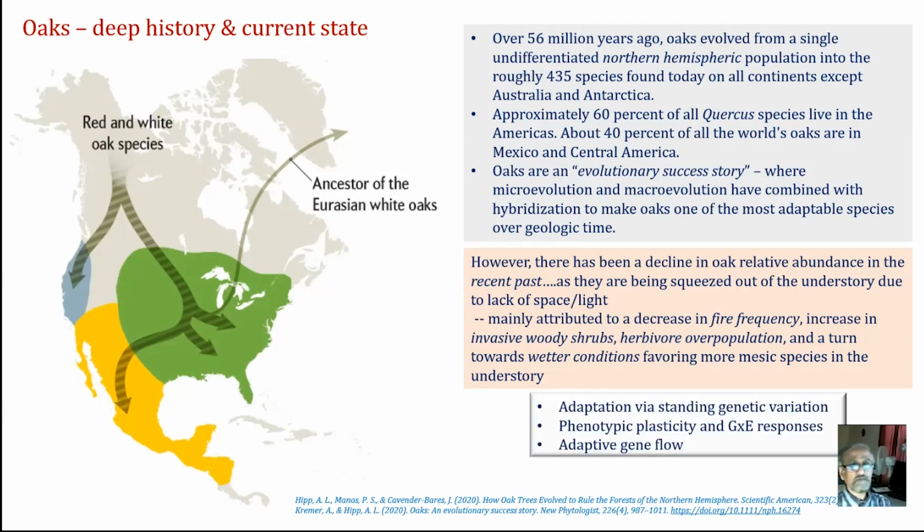Oaks have acquired, as we know, various ecological traits and life history characteristics over the eons, and may have many tricks up their sleeve, like adaptation via standing genetic variation, phenotypic plasticity, and the gene-environment response, though these could be either adaptive or even maladaptive, and also adaptive gene flow, mainly through hybridization. Therefore, oaks are an interesting genus to watch as it adapts to future disturbances. And I'll now focus on one aspect of that, climate change.